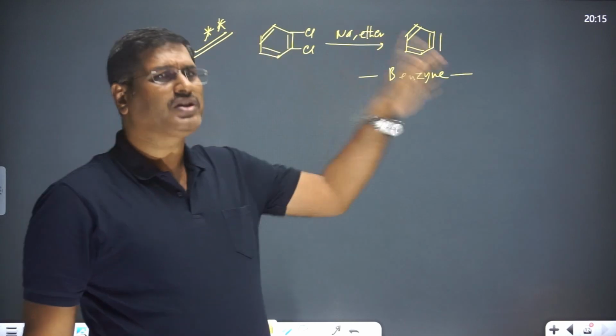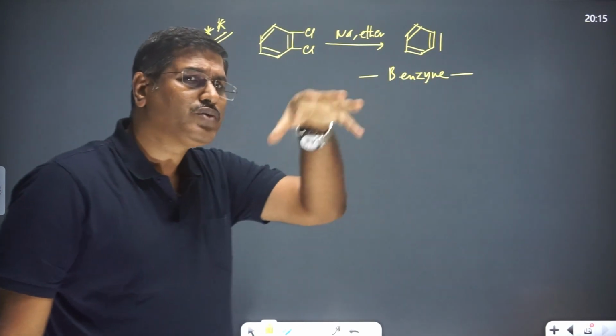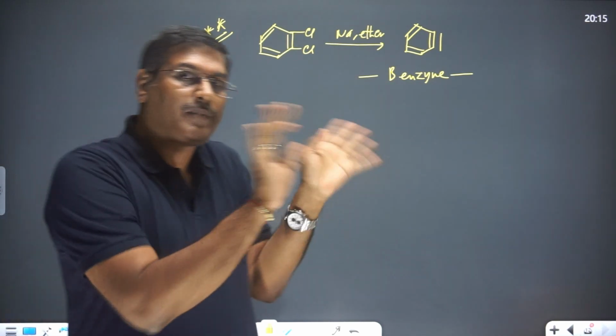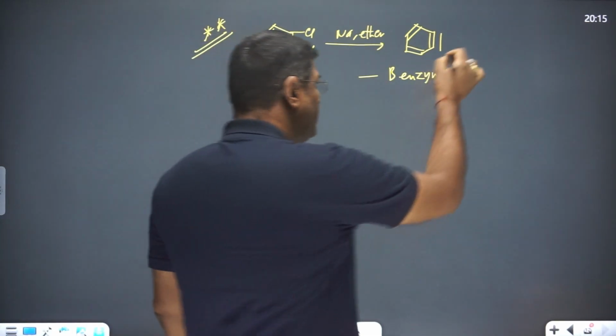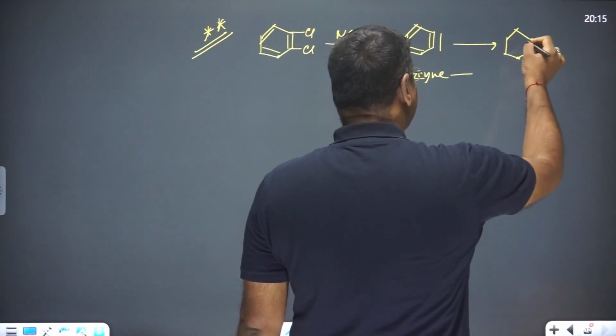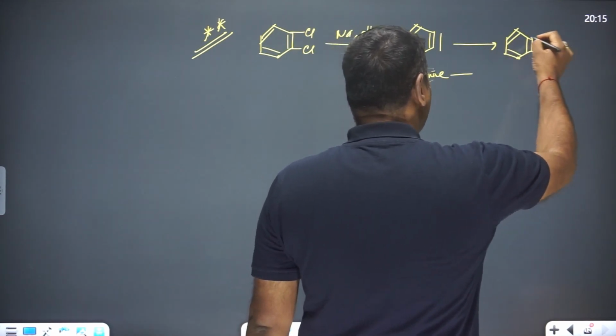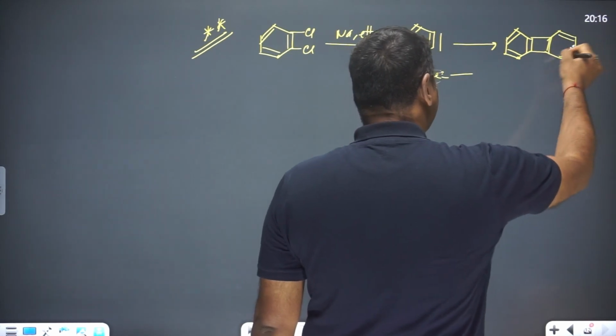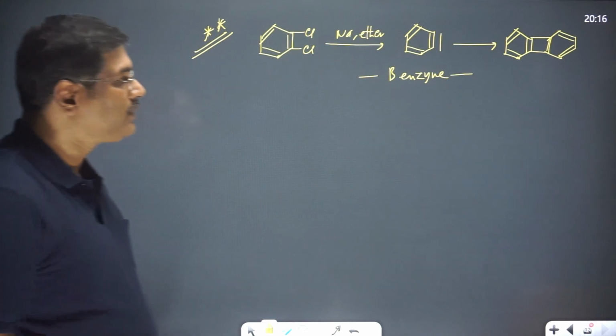If there is nothing here to trap this benzyne intermediate, then self-coupling takes place, giving this kind of coupled product.